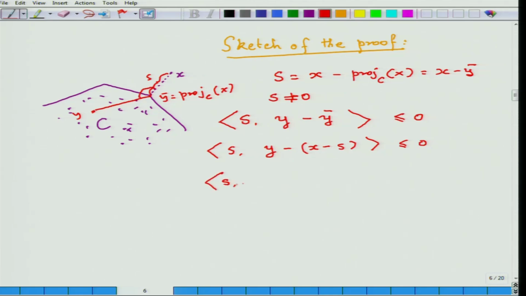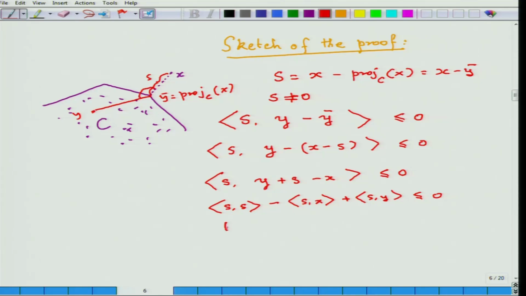So, you have S y plus S minus x, or S S minus S x plus S y to be less than or equal to 0.